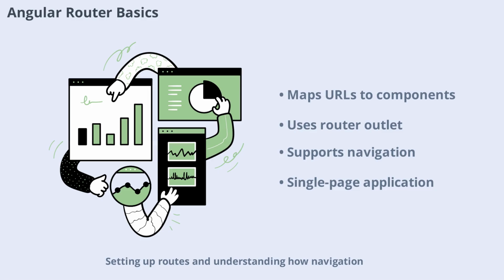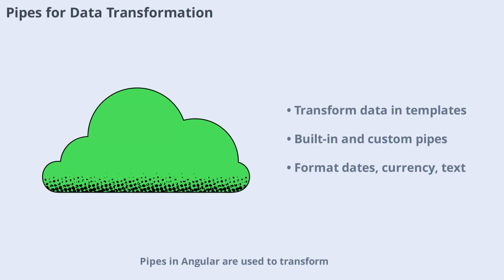Setting up routes and understanding how navigation works are essential skills for any Angular developer. Interviewers may ask you to explain routing concepts or set up basic navigation in code. Pipes in Angular are used to transform data in templates without changing the original data.